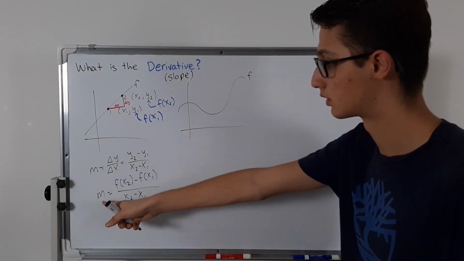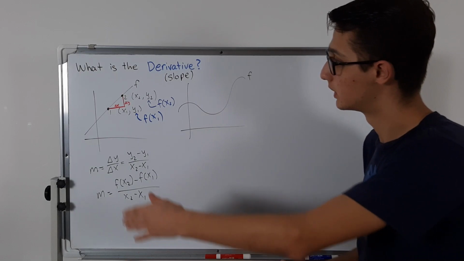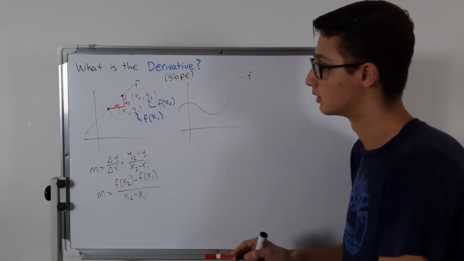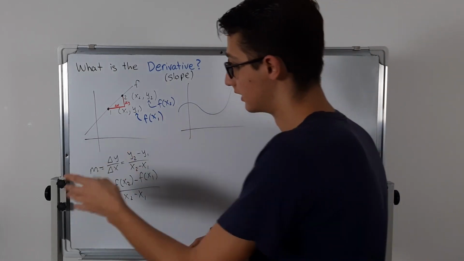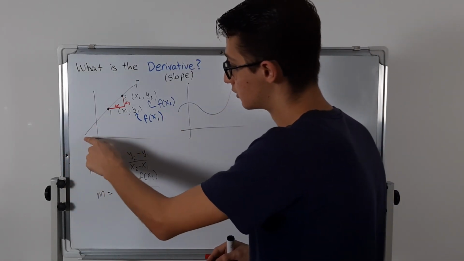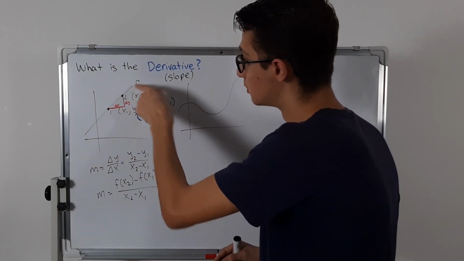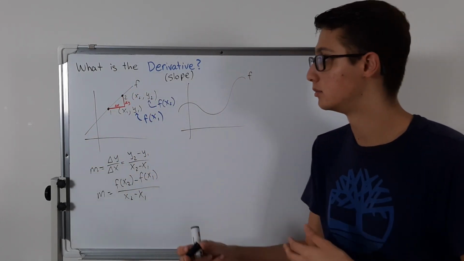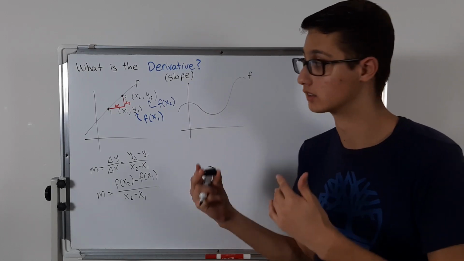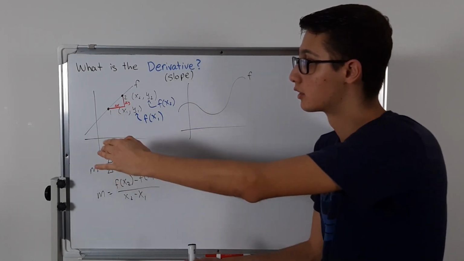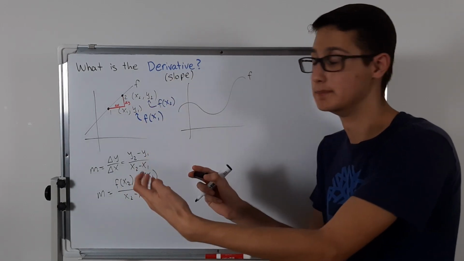So this is our slope, and like I said, we can choose any 2 points anywhere on the line and we'll be fine. I could have chosen this point and that point, or maybe this point and this point over here. It would all give me the same answer because we have a constant slope. Our function is increasing at the same rate throughout the entire domain.